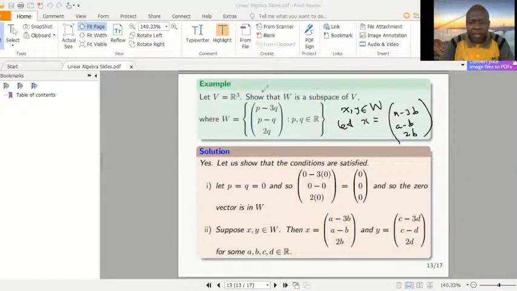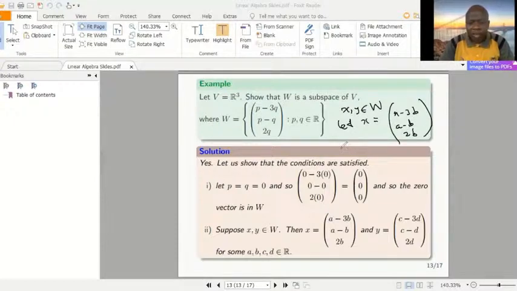I'm only changing the elements, not using the same letters as above, to avoid confusion. So I've used a instead of P, and I've used b instead of Q. And this is what I have.